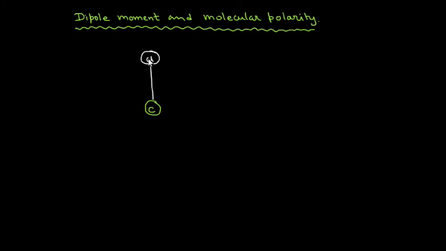Chlorine has 7 electrons here, and next is 3 hydrogen. This one hydrogen, this is another hydrogen, and this is the other hydrogen. 3 hydrogen. This is the structure of the molecule.